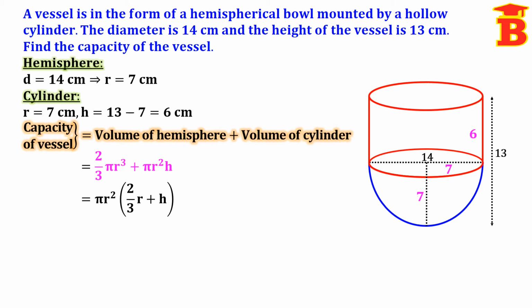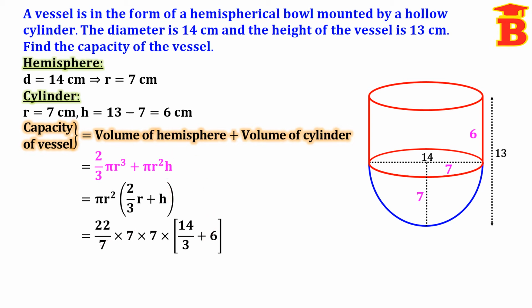Now let us substitute the values. Pi value 22 by 7 into r square. R value is 7, so we write 7 into 7 into 2 by 3 r plus h. R value 7, so 2 into 7, 14 by 3, plus h value is 6.